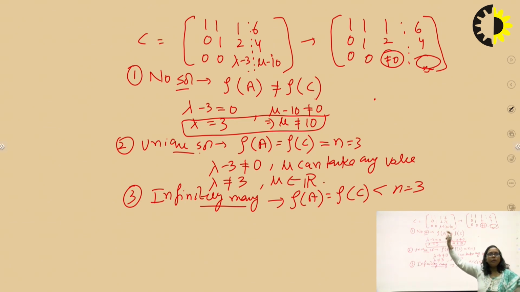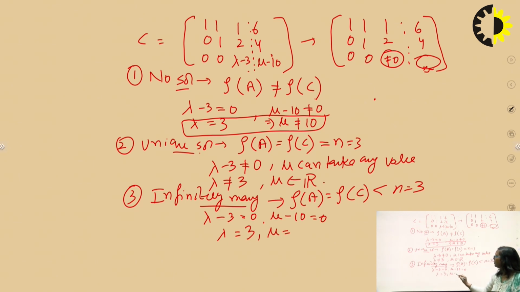If the last row becomes a zero row, then the rank of the coefficient matrix is also 2, and the rank of the augmented matrix is also 2. The last row being a zero row means lambda minus 3 is equal to 0 and mu minus 10 is also equal to 0, so lambda equals 3 and mu equals 10.